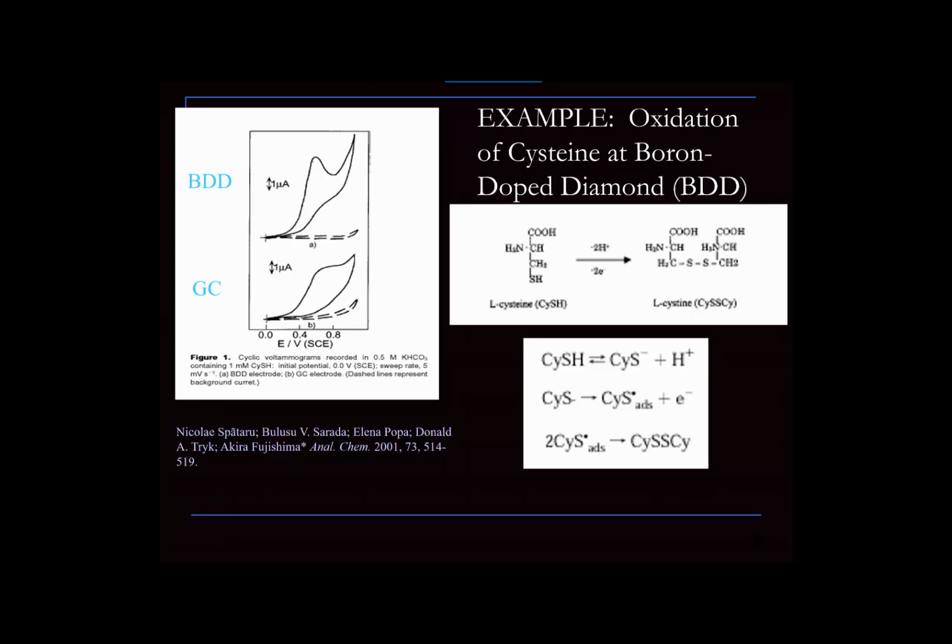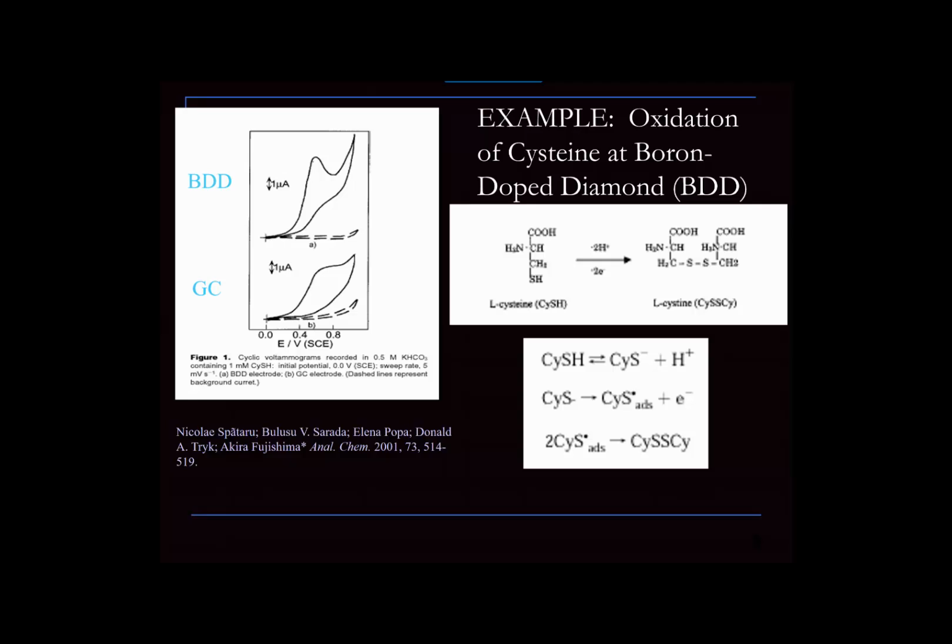And what you can see is you get a very ill-defined oxidation wave at glassy carbon, but a sharper and more well-defined redox wave at boron doped diamond. But in both cases, all you see is oxidation current, and that's the peak on the top.